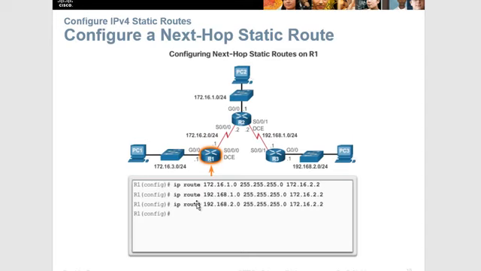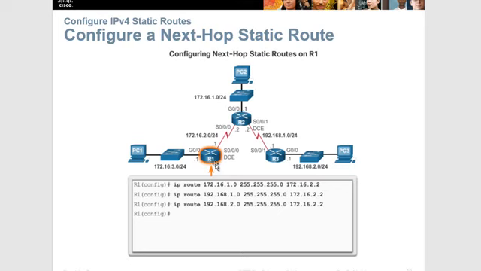Here's how the IP route command would look. So you're on R1 trying to get to, for instance, the 1.1.0 network up here, and you type in IP route 172.16.1.0, which is the network you're trying to reach along with its subnet mask, and then you're going to type in the next hop IP address in order to get there.